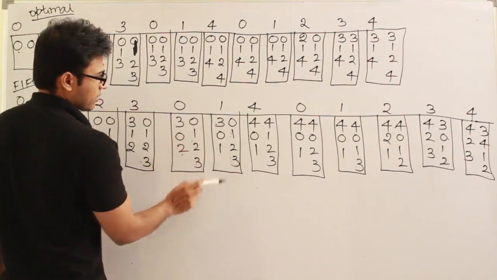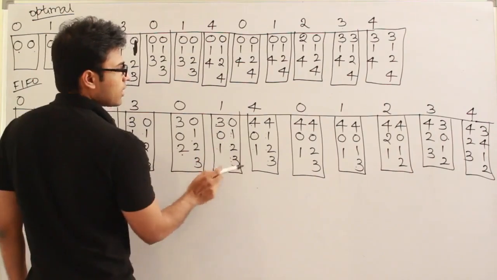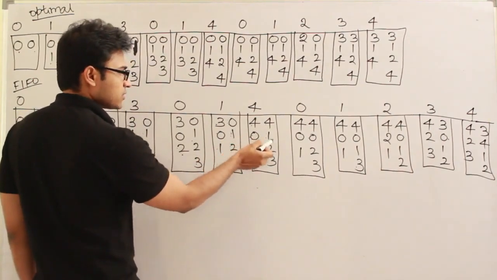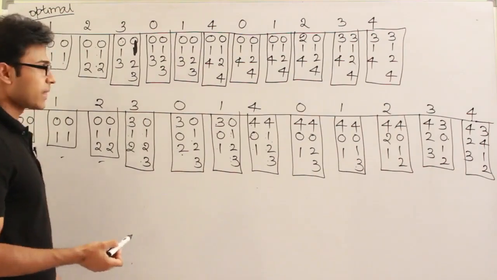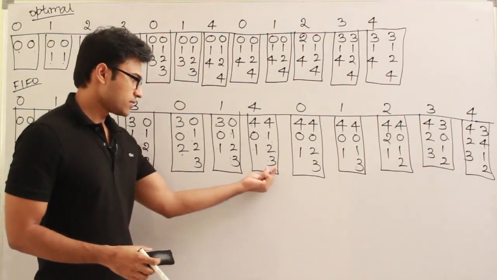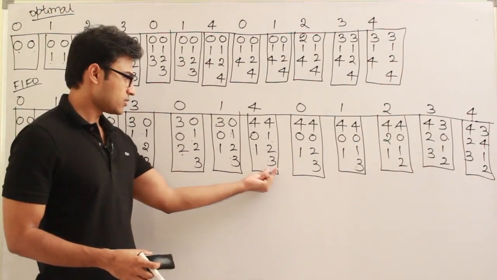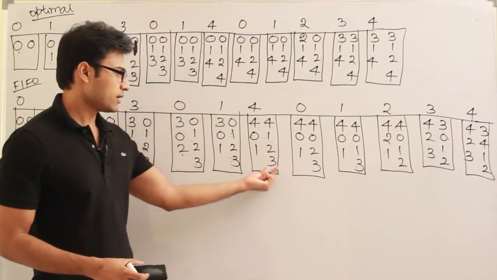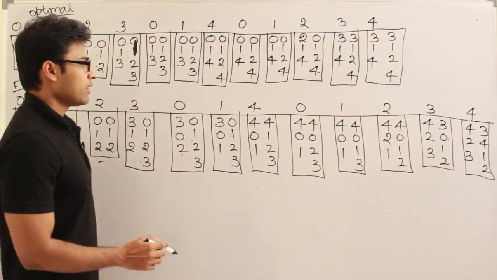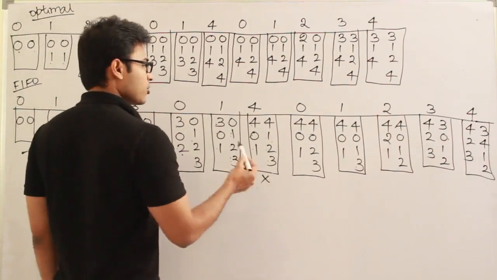3 0 1, 3 0 1, right? And 4 0 1, yes, look at this. In this case 0 is present here but 0 is not present here, right? Which means the pages which are present in 3 frames are not contained in the 4 frames. Therefore it is not following the stack property, right?